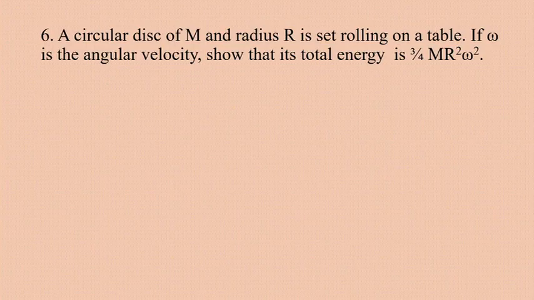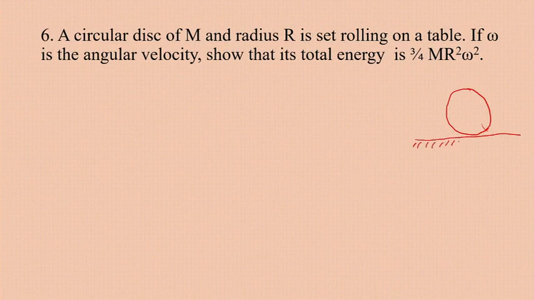If omega is the angular velocity, show that its total energy is 3 by 4 M R square omega square. Okay.